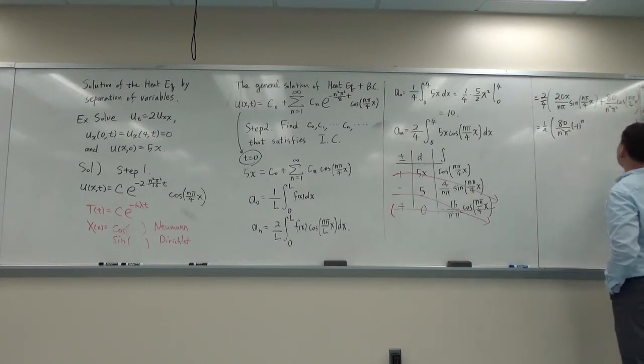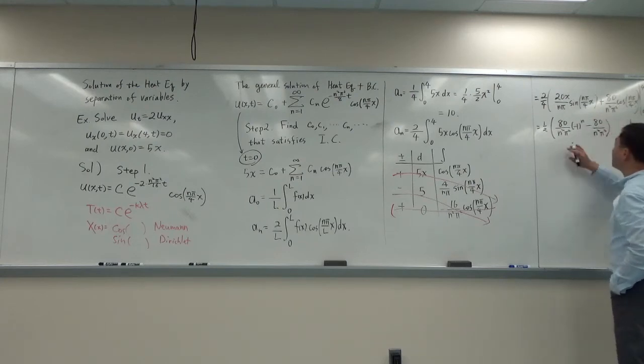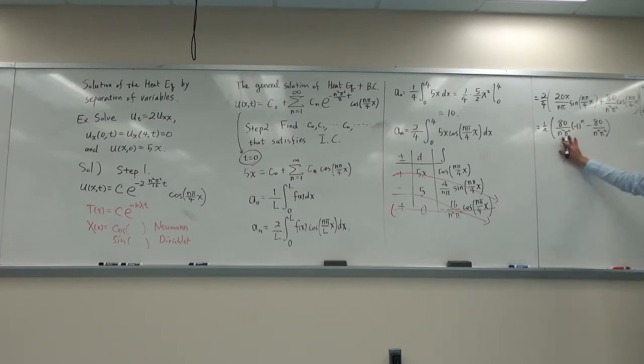Okay. Now when you plug in 0, sine 0 is 0, cosine 0 is 1, so you have to subtract this. And then when you factor out the 80 over n squared pi squared and divide by 2, 80 divided by 2 is what? 40, right? 40 over n squared pi squared. And you have negative 1 to the nth power minus 1.